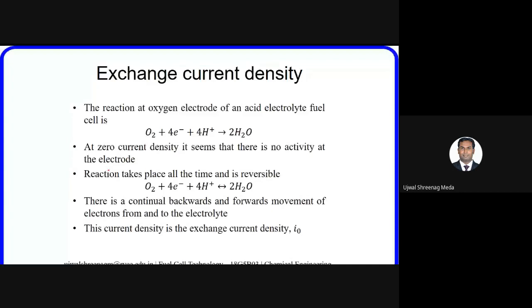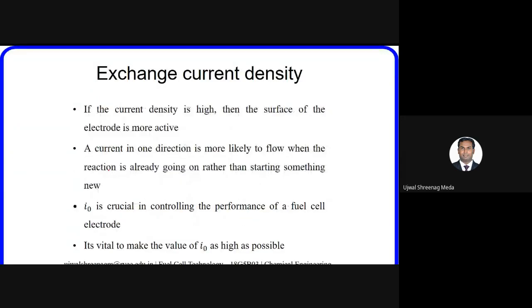Because of that, the losses due to activation will be low. If current density is high, then the surface of the electrode is more active. A current in one direction is more likely to flow when the reaction is already going on rather than starting something new.